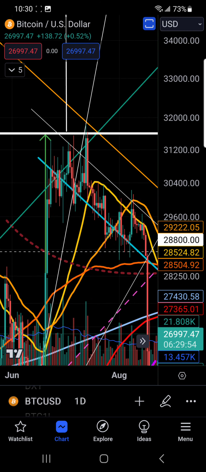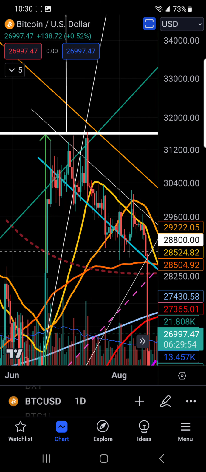And ever since then, Bitcoin has used it as support somewhat, at times falling through it briefly, but it has always dictated where price is going and the direction and the rate at which price is changing since 2011.